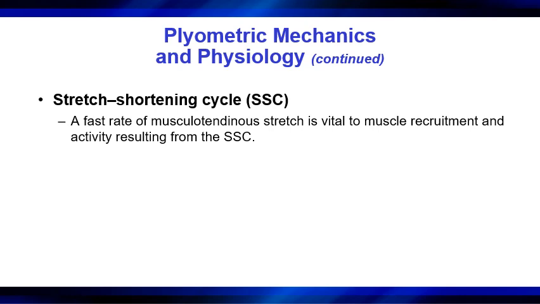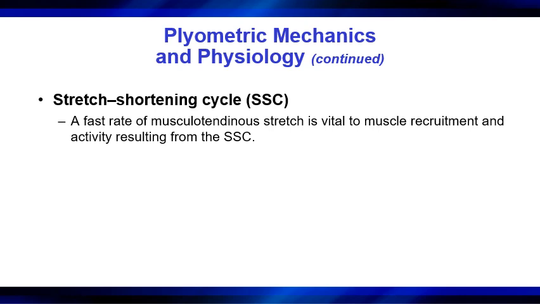Would you lower yourself slowly and try to jump, or would you lower yourself down really fast and try to come right off the ground? You do the second. That's what you're doing here. Not only do you want a stretch, you want a fast stretch. That's a very important component.